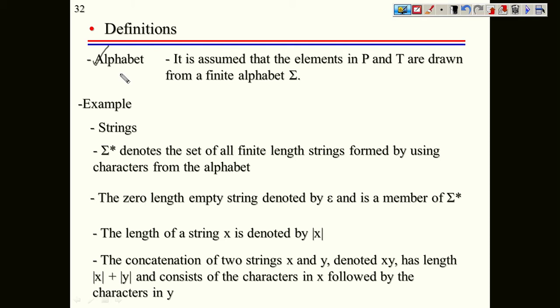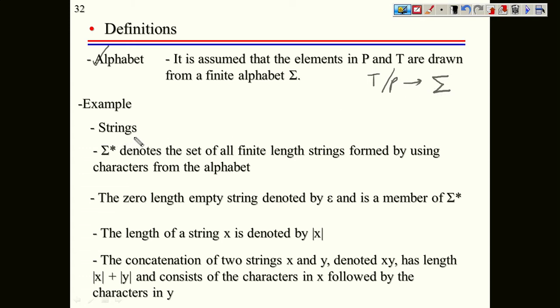For example, when we talk about any sentence or word in an English-like language, our alphabet set is A to Z. Whatever you write in an English sentence or word will always consist of A to Z. So here also, whenever we talk about string matching, we must be aware of what the alphabet set is. Your text and pattern will be derived from this set, and we represent it with the sigma sign.